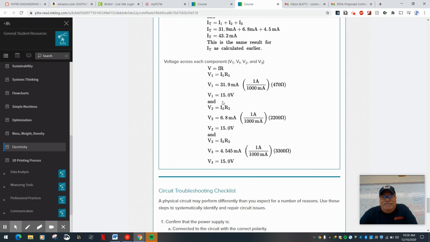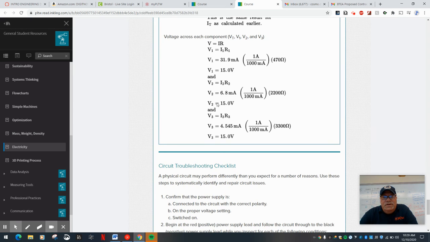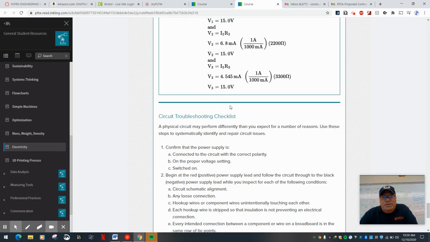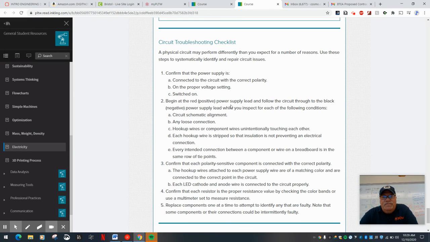That gives us a voltage of 15.0 volts. And across 2, it gives us 15.0 volts. And across 3, 15.0 volts.